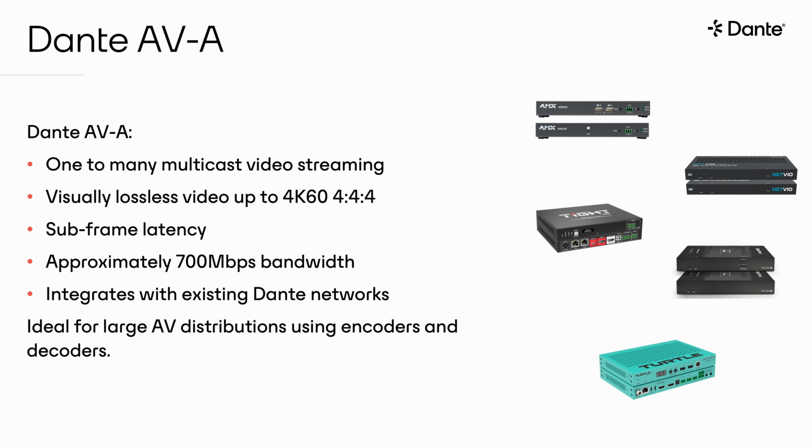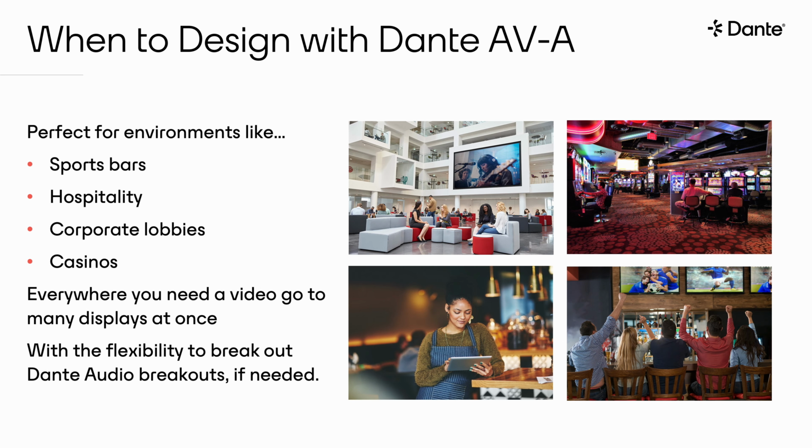It also integrates directly with existing Dante audio networks, making it a cost-effective solution for large AV deployments that distribute between encoders and decoders. This version of Dante AV is perfect for environments like sports bars, hospitality, corporate lobbies, and casinos, places where you often need to send the same video feed to numerous displays at once.